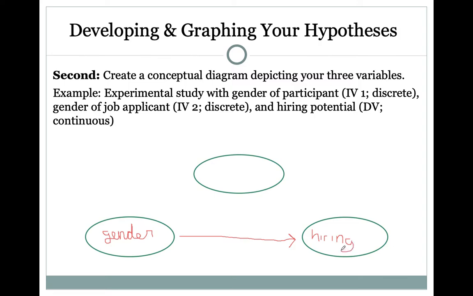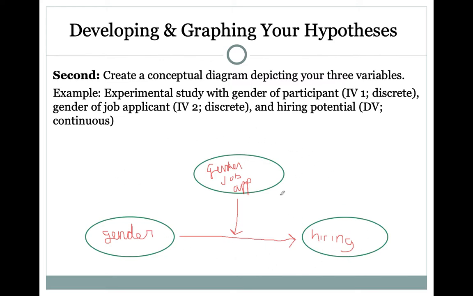And then our moderator is up here, and my moderator would be the second independent variable, and that would be gender of job applicant. And that's our moderator. The moderator influences the relationship between gender and hiring. So that's an example of a conceptual diagram depicting your 3 variables.